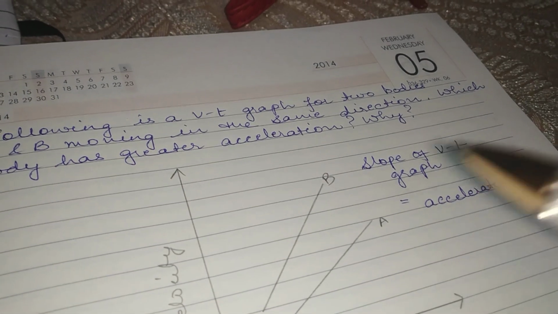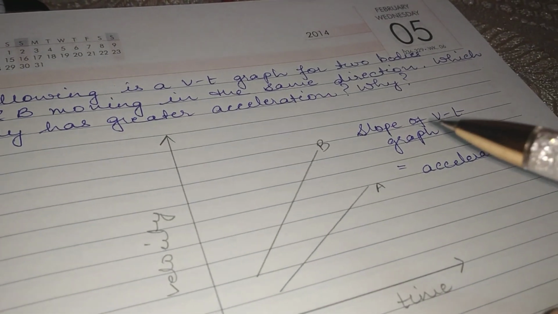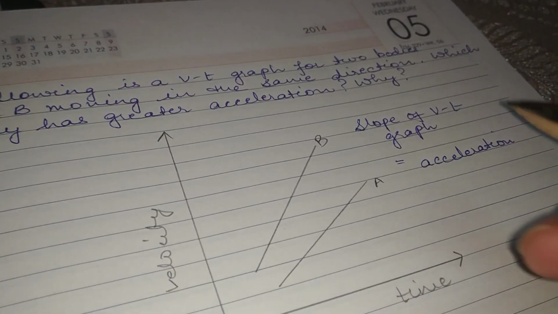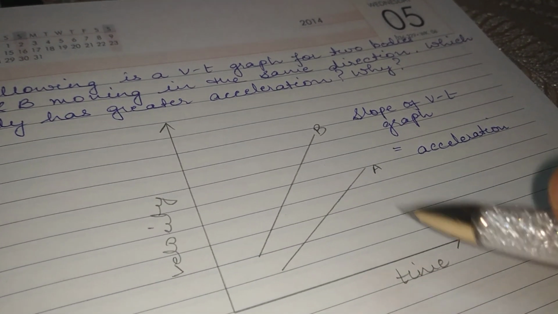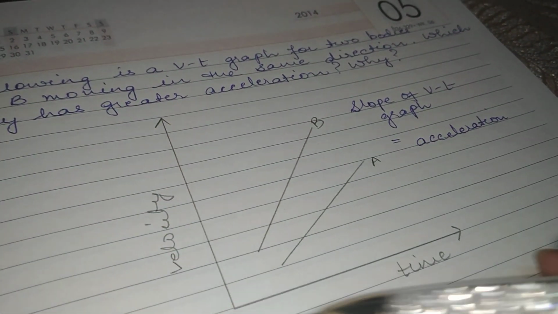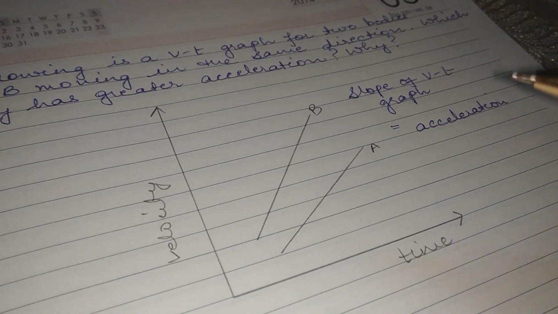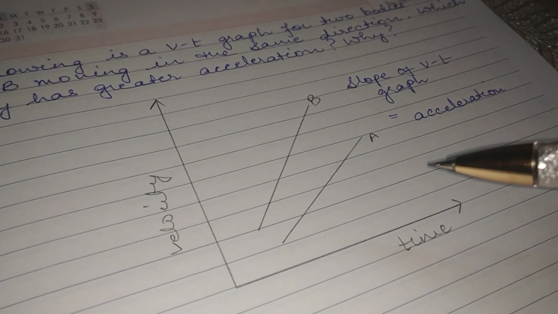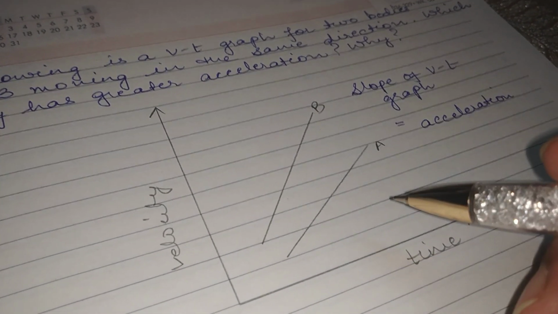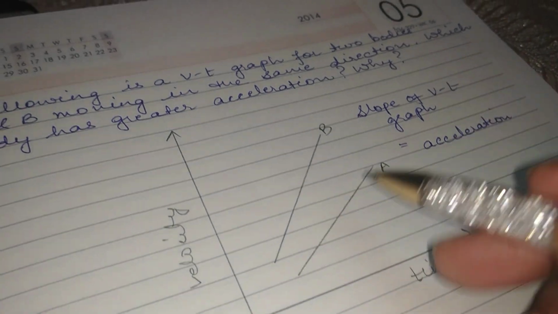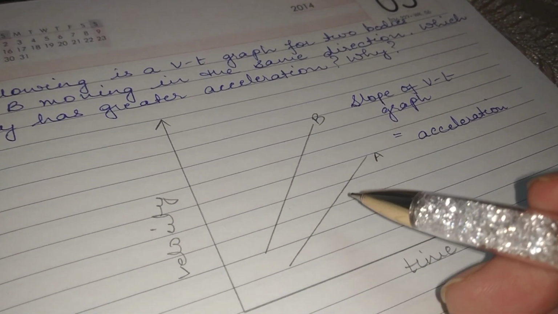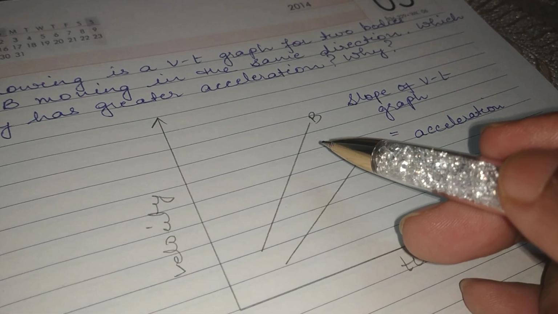Now, if a body has a greater slope, then it will have greater acceleration. That is very obvious. Here no numbers are given. So how will you find the slope of such a graph? In these kinds of question, you will have to see which graph is steeper, which line is steeper.